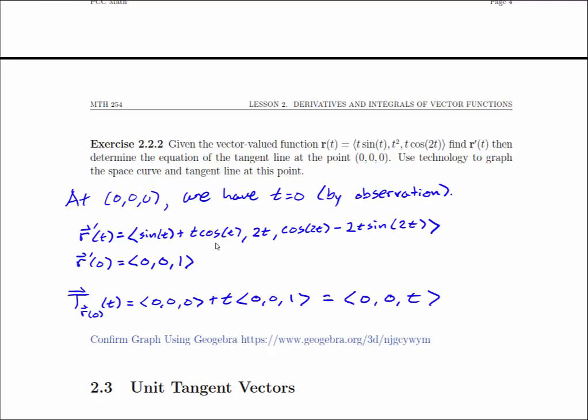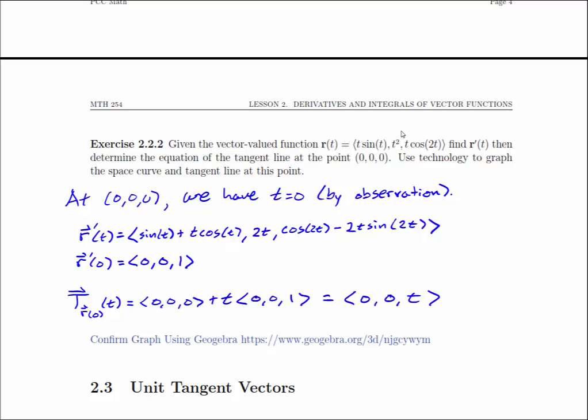Okay, so here's the work for finding the equation of the tangent line. We'll pull up the graph here in just a second. At the point 0, 0, 0, we can see from observation if we plug in 0 for t, then we get 0, 0, 0. And so we take the derivative of this. This is a little tricky. We've got to use a product rule here. So the derivative of the first is 1 times the second gives us sine of t, plus the first t times the derivative of the second, sine of t gives us cosine of t.